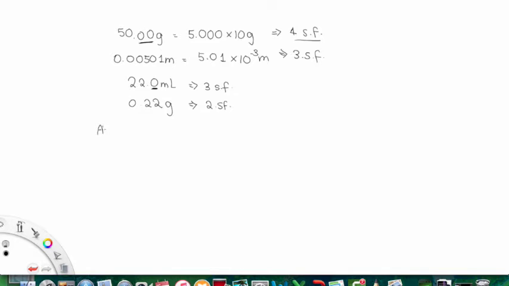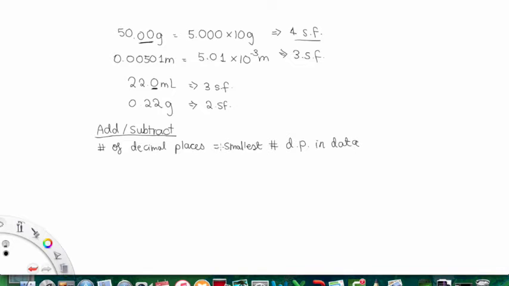Another thing is when you add or subtract. And you have to pay attention to this because adding and subtracting is different from multiplication and division. So the number of decimal places in the answer is equal to the smallest number of decimal places, which I'm just going to write as dp, in the data.